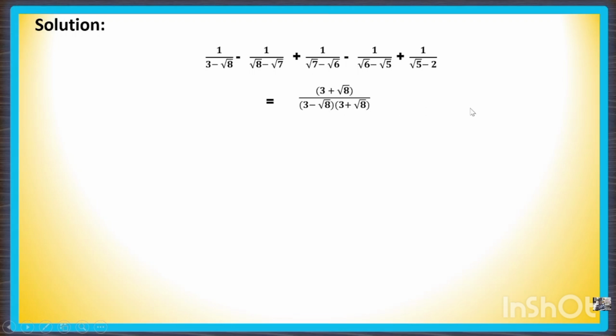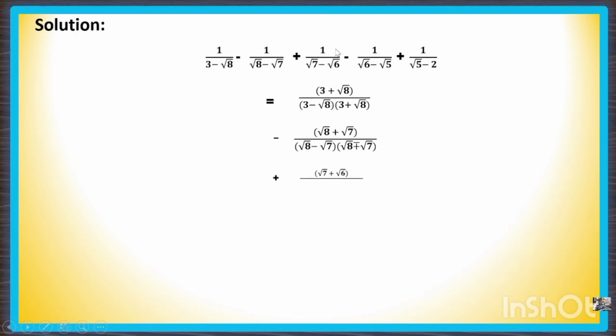Similarly, the second term is minus of 1 upon root 8 minus root 7, and the rationalizing factor of root 8 minus root 7 is root 8 plus root 7. So we multiply root 8 plus root 7 in the numerator and also in the denominator. Minus root 8 plus root 7 divided by root 8 minus root 7 whole into root 8 plus root 7.